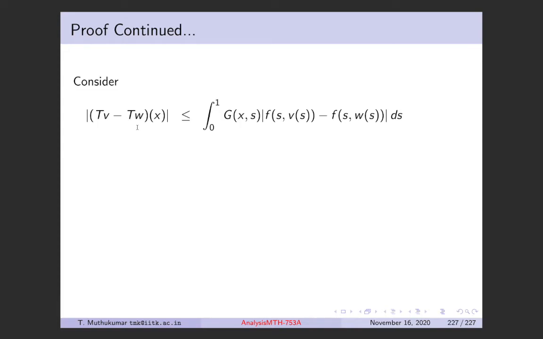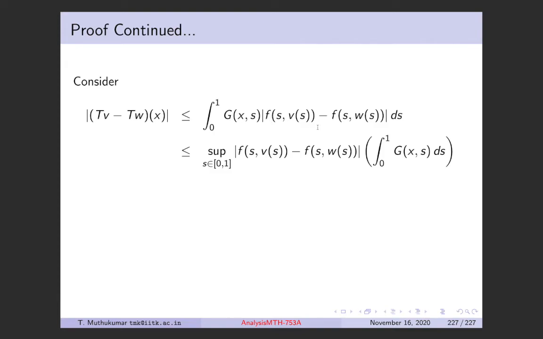Now you use this fact because f is a continuous function, and v and w are also continuous functions on a compact set. The range of both v and w will also be a bounded set or a compact set.